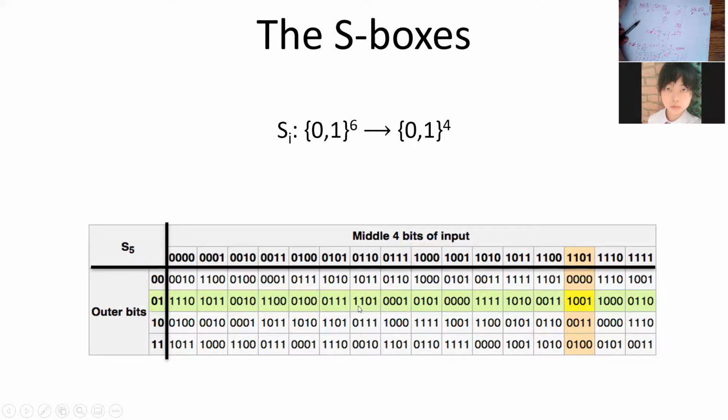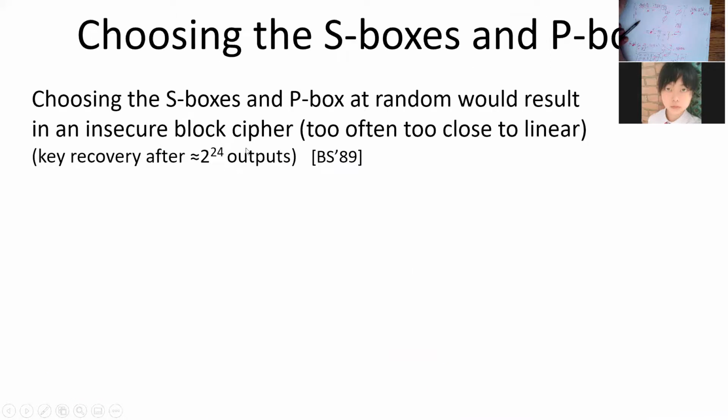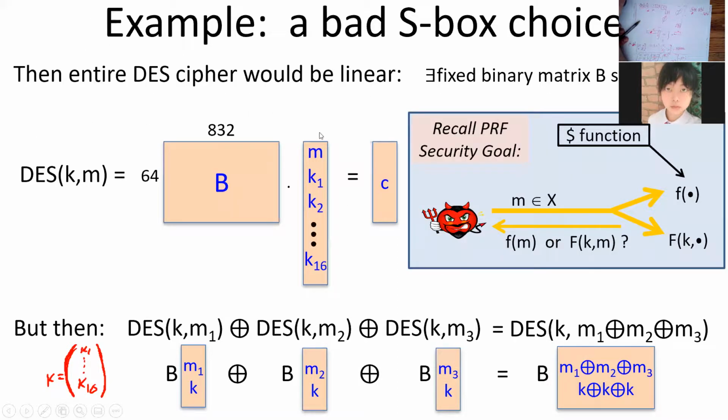But if the S boxes were too close to linear functions, so on too big of a fraction there existed a linearization of the S box, then you would still break it. And intuitively, you would break it because if the S boxes are on sufficient fraction linearized, then the whole thing is linearized on a sufficient fraction of inputs.